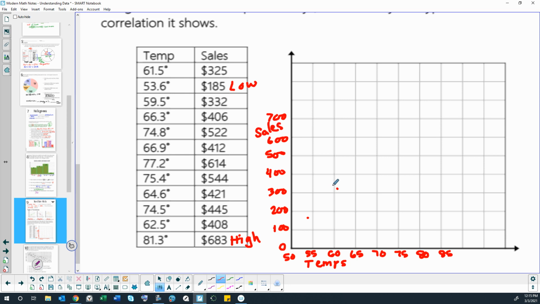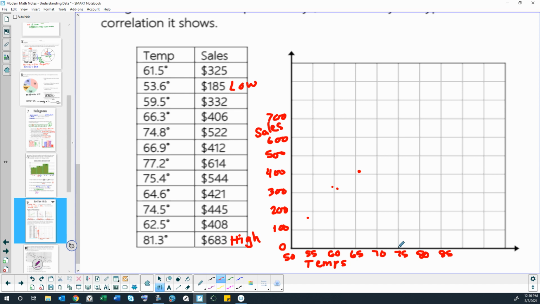So maybe about there, because it's just a little bit higher than the one we did when it was 61 degrees, right? 66 degrees would be here, and that's at $406. I'm really not being incredibly careful about where I put the dots, just approximating.